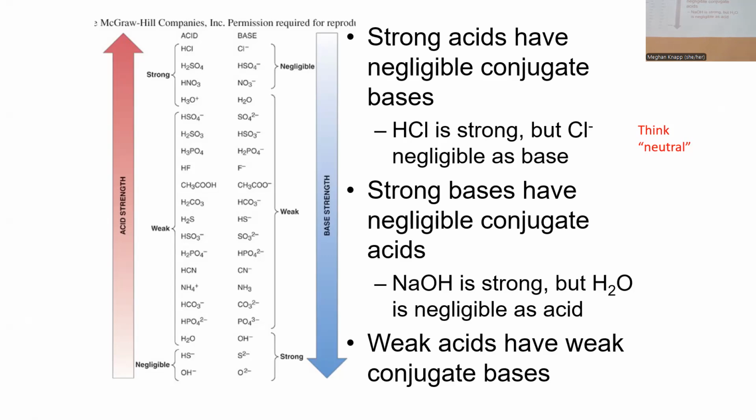In contrast, weak acids have weak conjugate bases. Weak bases have weak conjugate acids. So when I look at an ion, if it is negative, add a hydrogen to it.